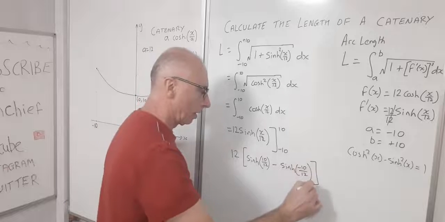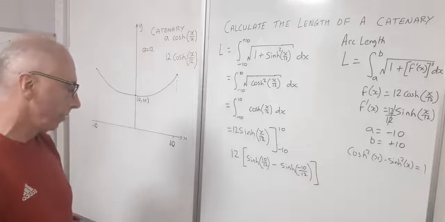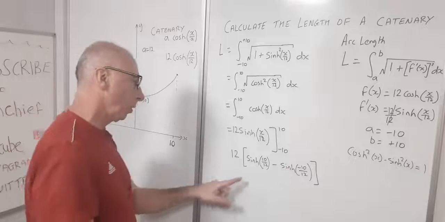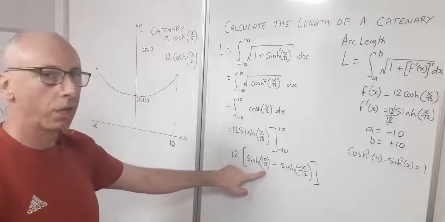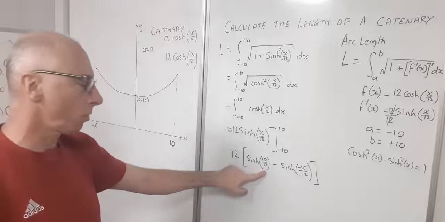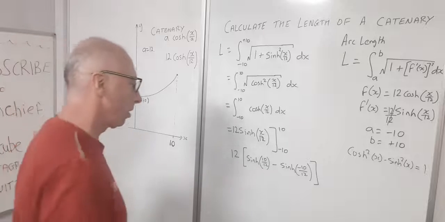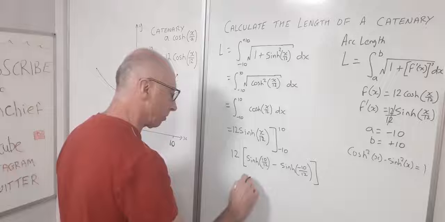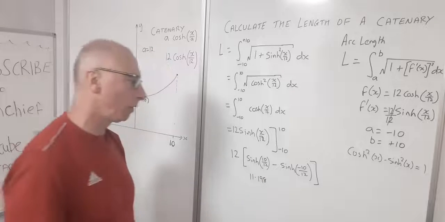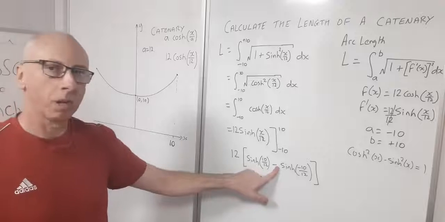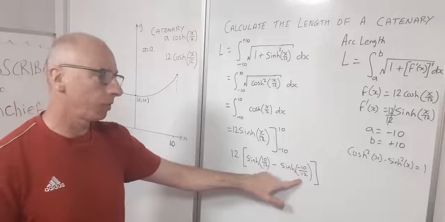Okay, if you plug into your calculator 12 sinh 10 over 12, you'll get approximately 11.198. So let's put that in there. So we've got 11.198 multiplied by 12. Now here, we've got minus sinh of minus 10 over 12.